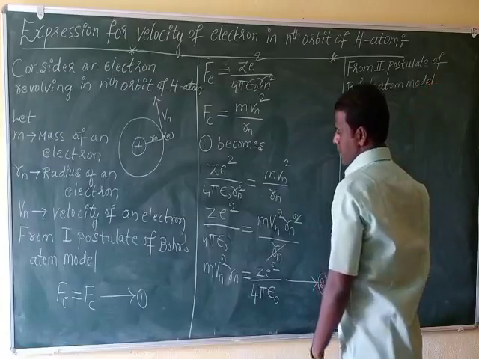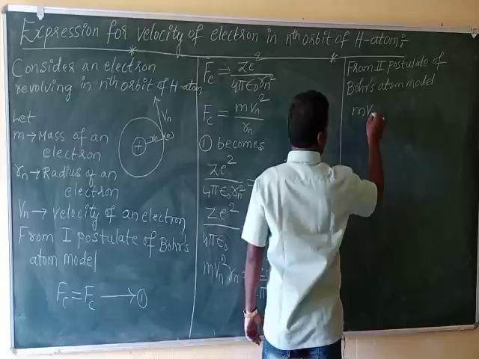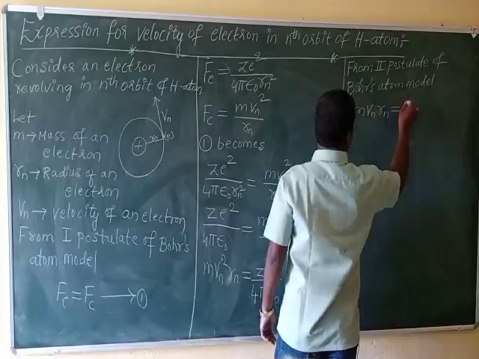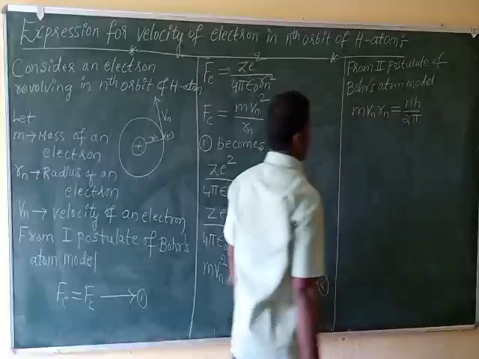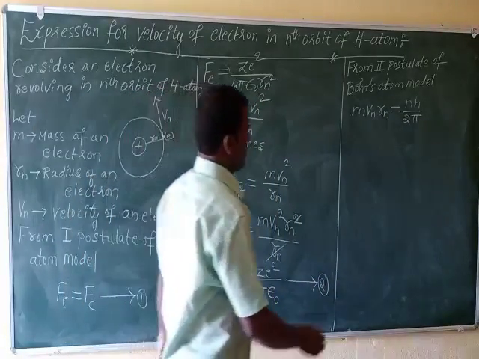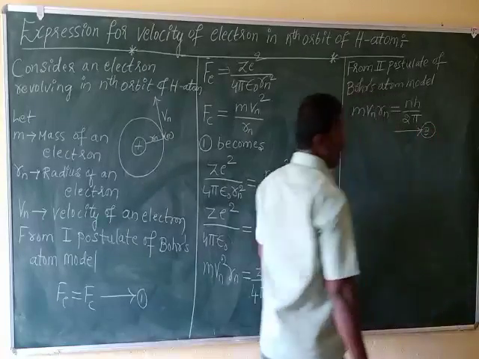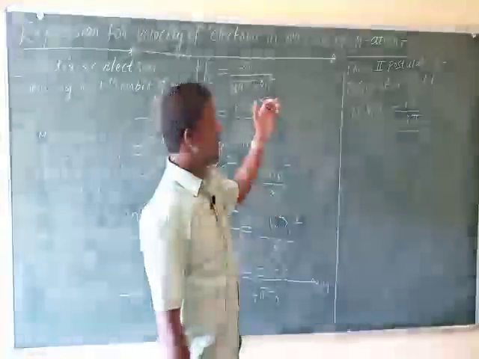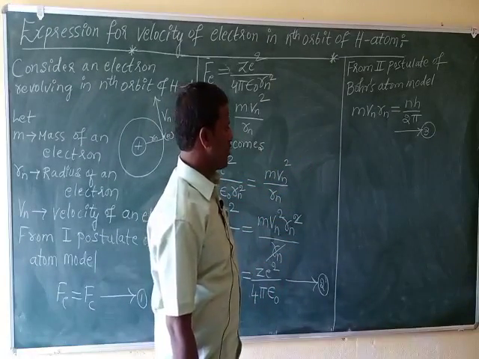From the second postulate, m vn Rn equals nh by 2 pi. This is the formula that we get from the second postulate of Bohr's atom model, equation number 3. So m vn Rn equals nh by 2 pi.